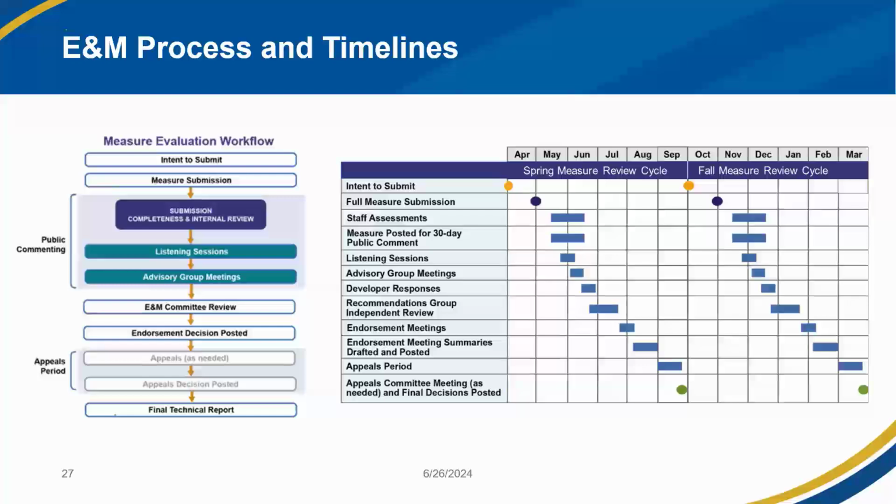We then hold meetings to collect feedback directly from advisory group members, and this feedback, along with public comments, is summarized and provided to the recommendation group, who then provide written measure feedback and vote on an endorsement decision during recommendation group meetings later in the cycle. There is an opportunity for appeals towards the end of the cycle, and it concludes with a final technical report.